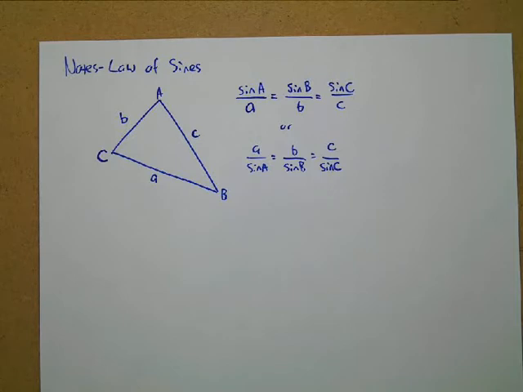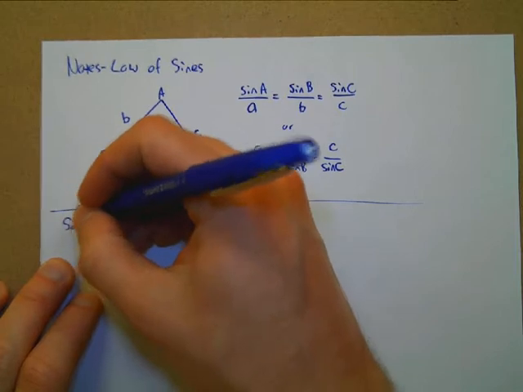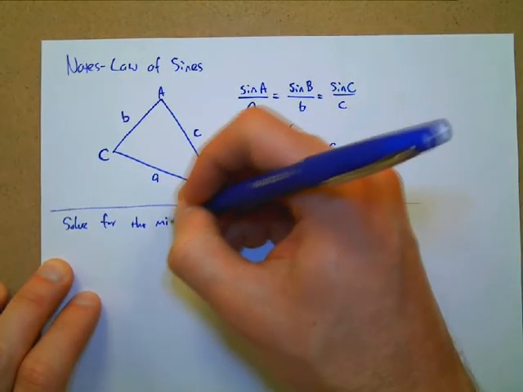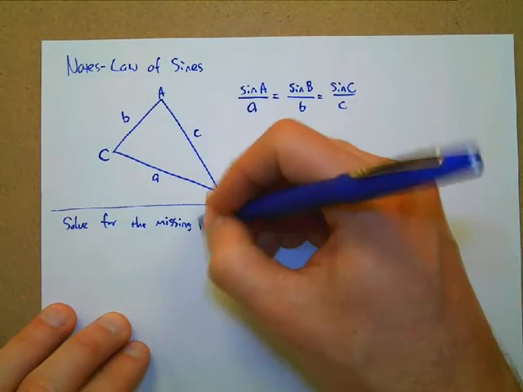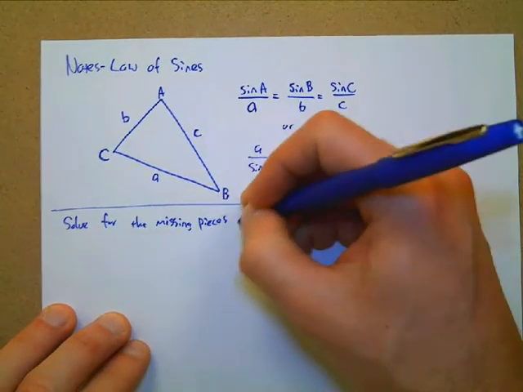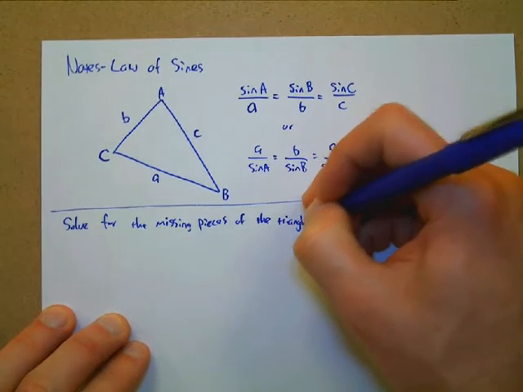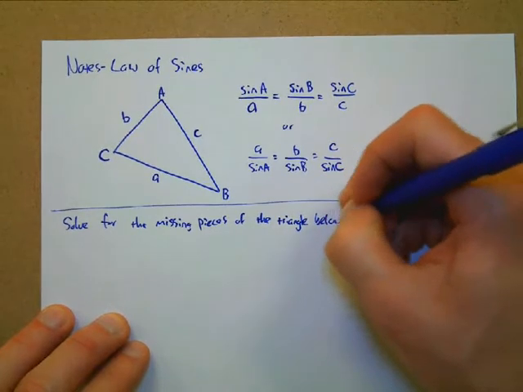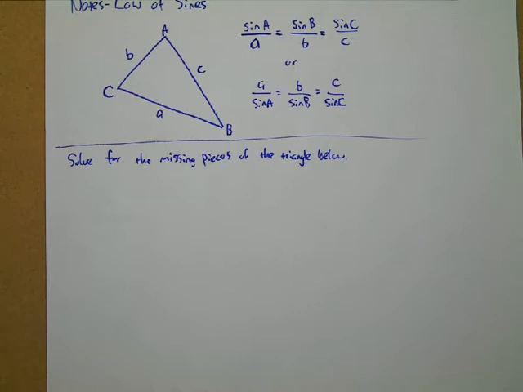So let's solve for the missing pieces of the triangle below. Let me make sure I get this right.